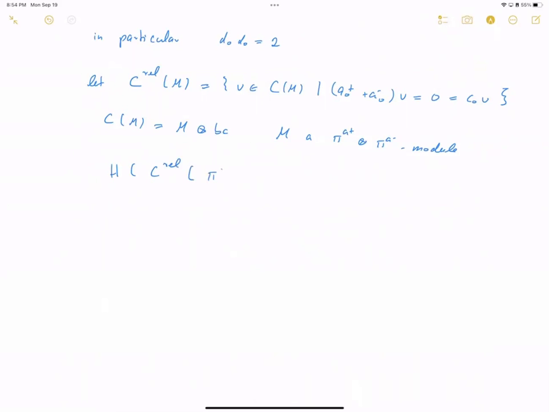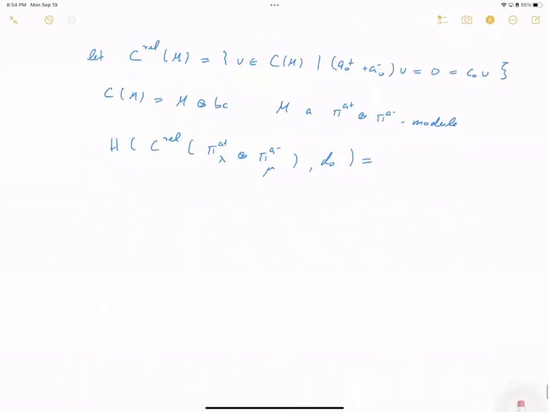Namely, if I take as my module just a tensor product of two Fock modules, then this homology is almost always 0, except it is one-dimensional if lambda is equal to minus mu.